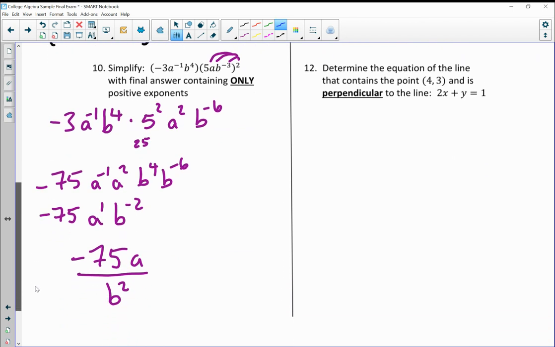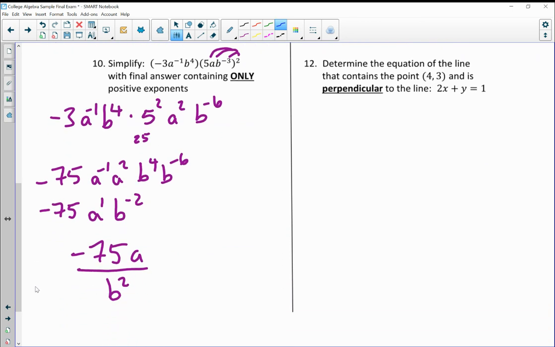Determine the equation of a line that contains the point 4, 3 and is perpendicular to the line 2x plus y equals 1. So remember, perpendicular, we need to remember that perpendicular slopes, when we multiply them, are equal to negative 1. Right? Another way we say this are the slopes are negative reciprocals of one another.